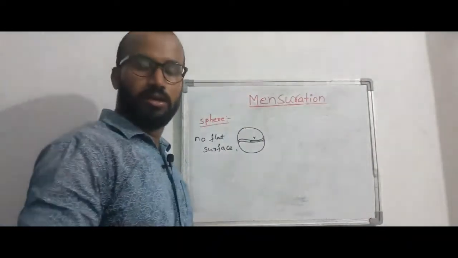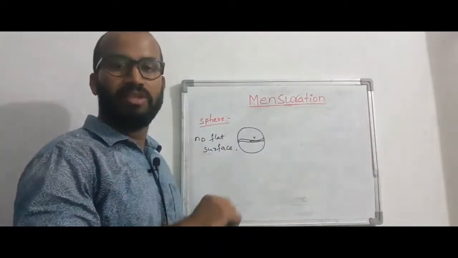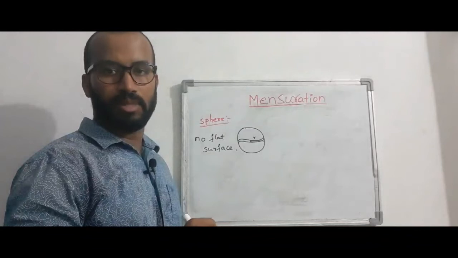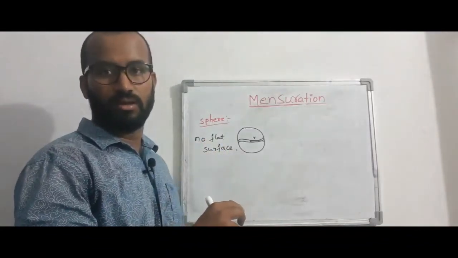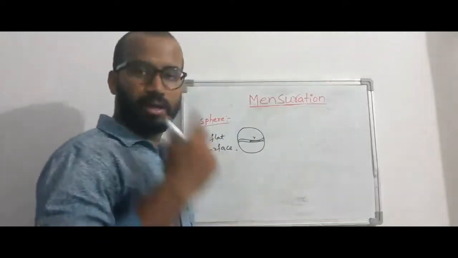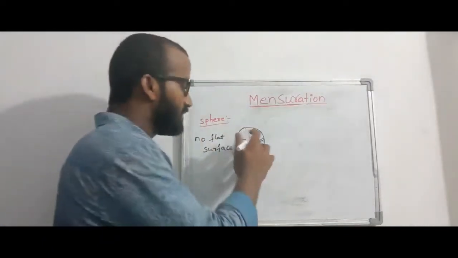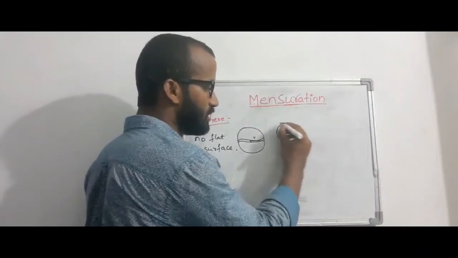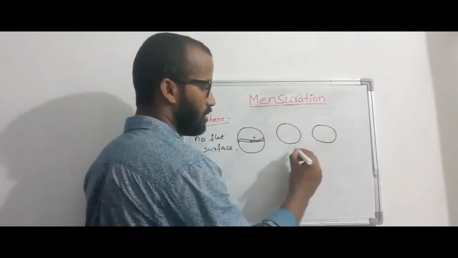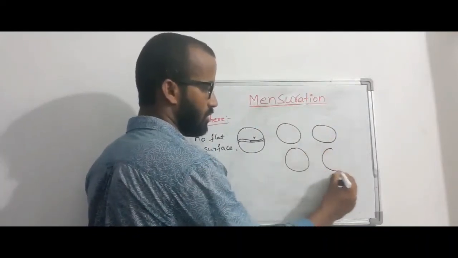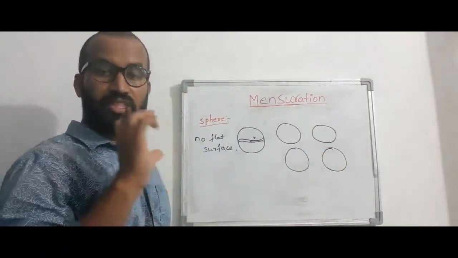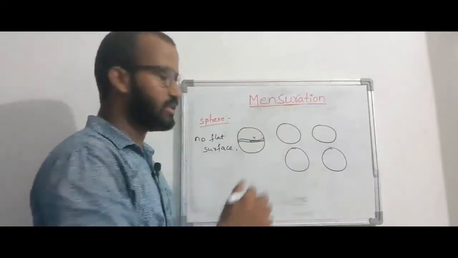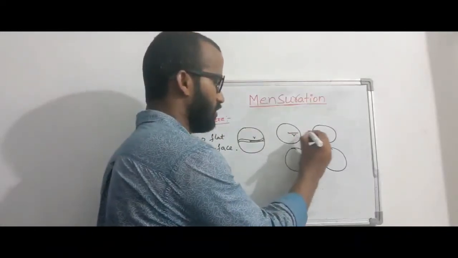Take a ball, wrap the ball with thread without gap. Wrap the ball with thread. And with the same radius, take 4 circles, same radius r.